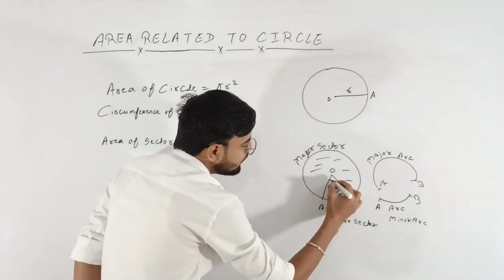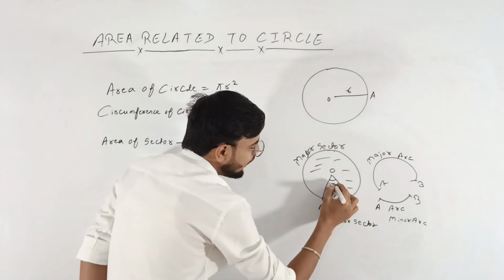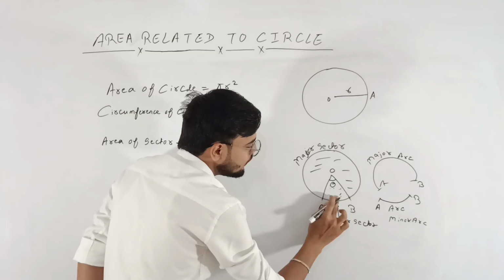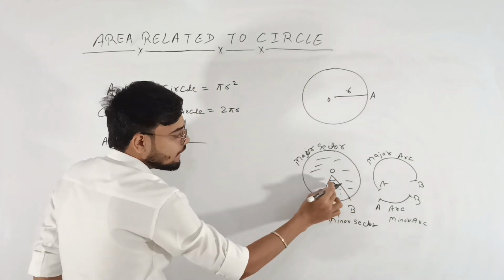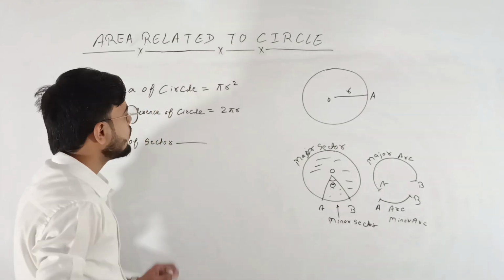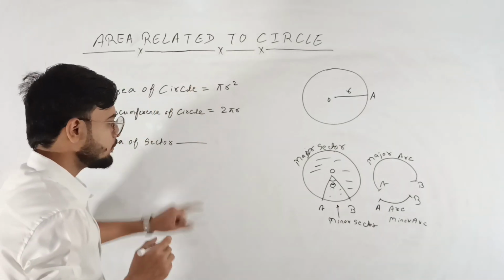This part makes an angle with the center. Suppose I take this angle as theta. Understood? This sector makes an angle with the center, and this angle we name as theta. So now look here. Area of circle is pi r square.